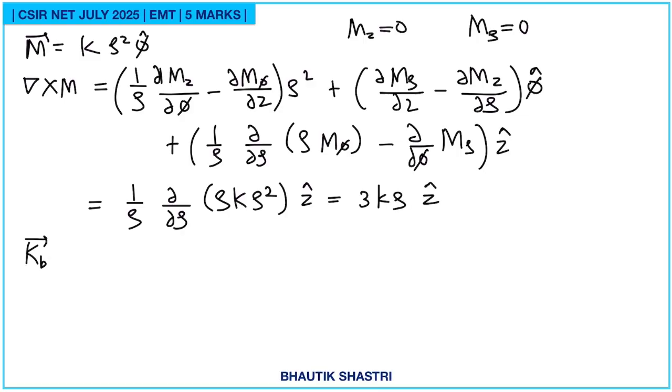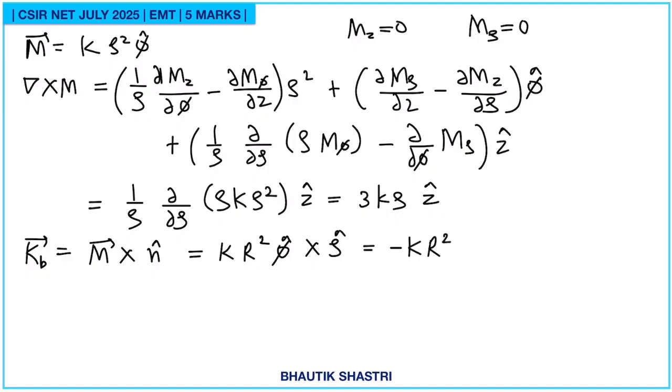And surface current kb will be m cross n cap. So at the surface we have rho equal to r. So this will be k r square phi cap cross rho cap, which is minus k r square z cap. So we have only these currents, which are inside the cylinder and on the surface.